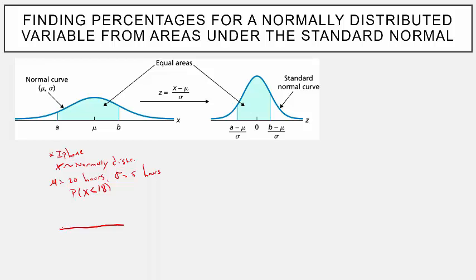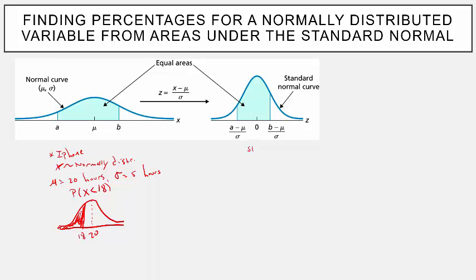So to do these problems forward, I'm going to draw a normal curve, centered at 20. I'm no longer going to tick off the standard deviations. I want to be less than 18, so 18 is over here, and I want to shade in the area to the left.